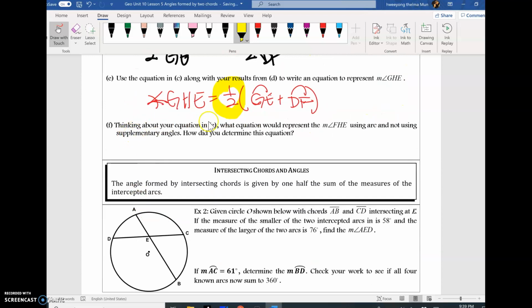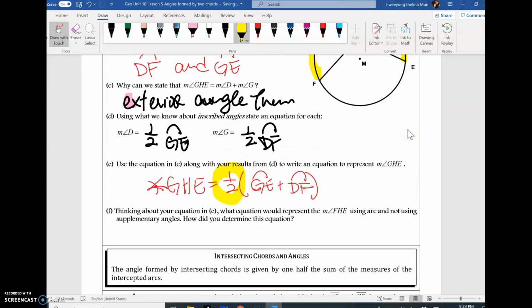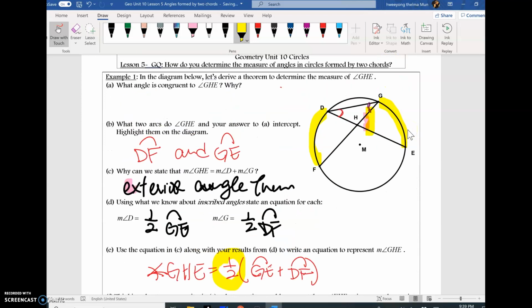So thinking about your equation, what equation would represent angle FHE? So let's look at FHE. That angle is right over here. So how will we find this angle, right? Those are the other two angles. So we will find this intercepted arc and this intercepted arc, and then add them and take the average of those.